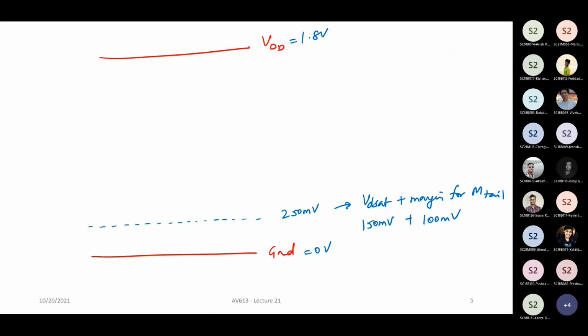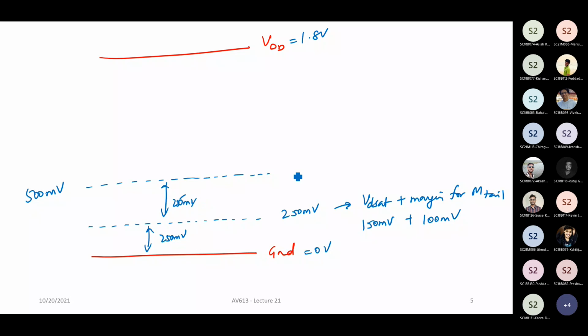Now, after that, what happens? Let's say there's another 250 millivolt across your M1. So totally at this point we have 500 millivolt: this is 250, and this is another 250.